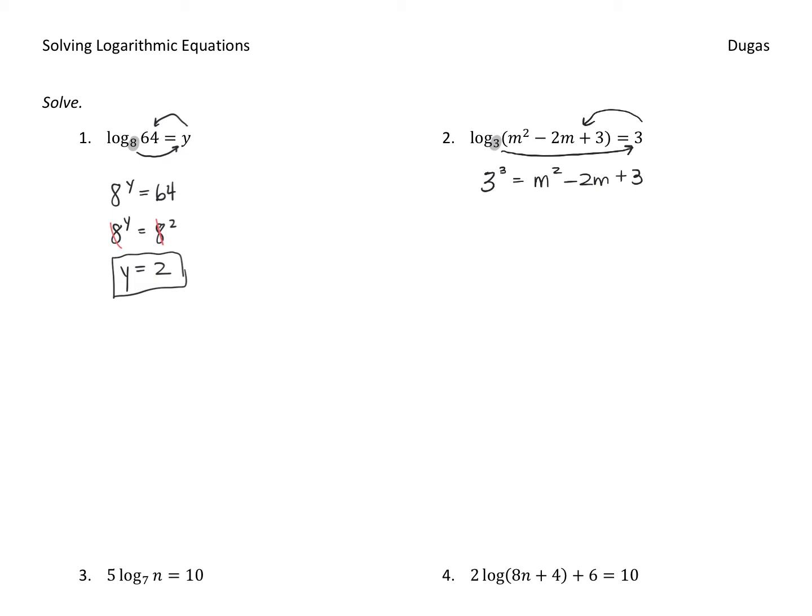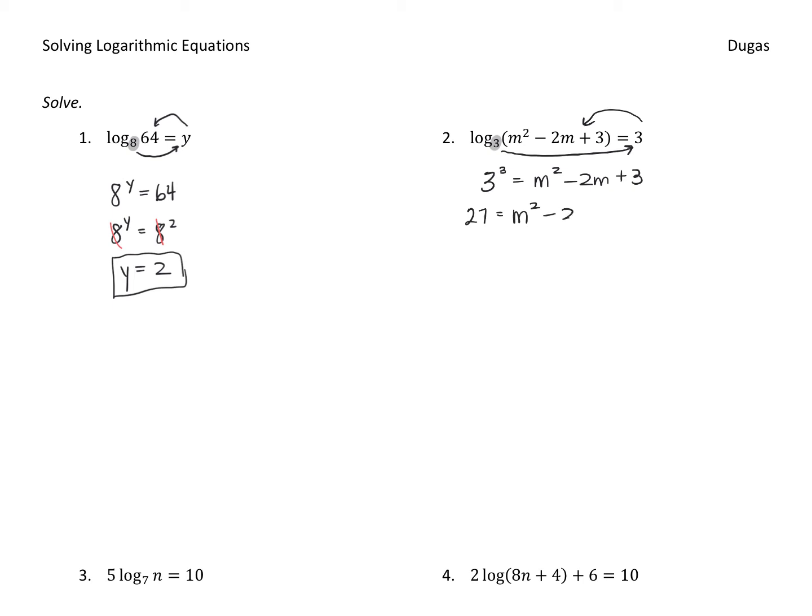Now notice that you have a quadratic equation. So you're going to solve this like you would a quadratic. Normally when you solve a quadratic equation, your goal is to get everything on the same side of the equal sign and set it equal to 0 so that you can either try to factor or use the quadratic formula. So I'm going to do that. So the left-hand side, 3 cubed, 3 times 3 is 9, times 3 is 27.